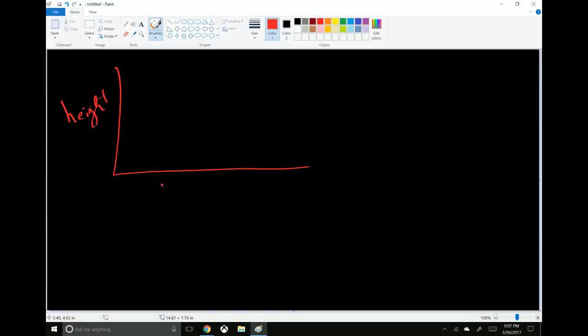So if you were to plot height versus, say, x, the distance from your front door to another location, as you travel along, you see it goes up, it goes down, just reflecting your height, say, above sea level at any given distance. As you get further away, it's going to change based on the ground. So here it's high, here it's low, and you've just mapped out a one-dimensional landscape.